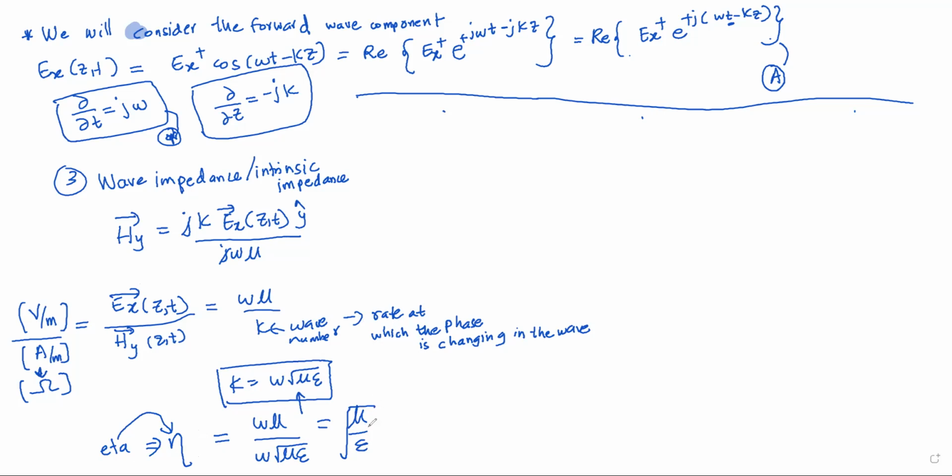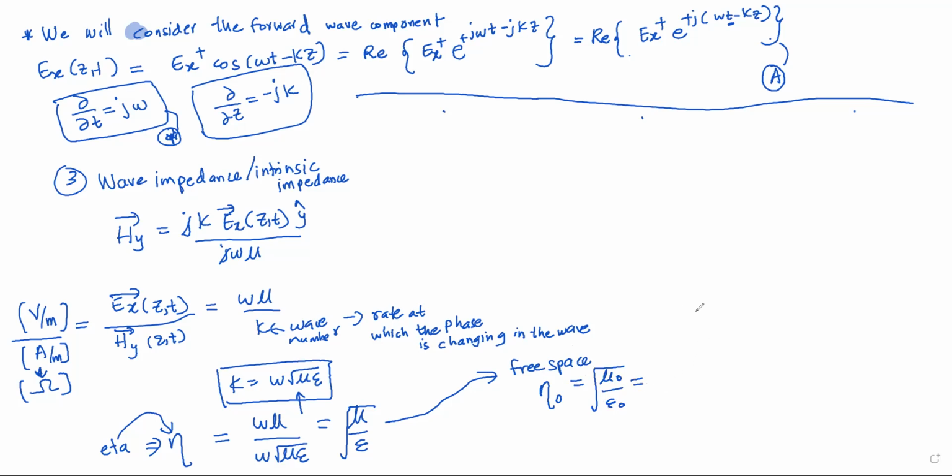We can obtain this value for free space using the free space mu naught and epsilon naught. For free space, I will denote eta as eta naught, and the square root of mu naught over epsilon naught will give me the intrinsic impedance, right?